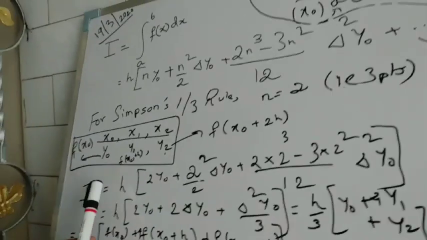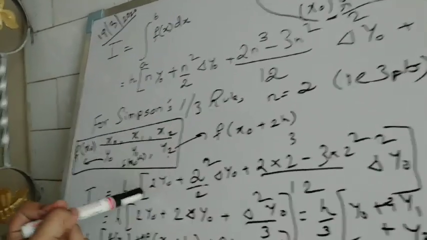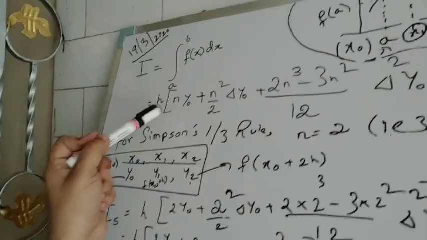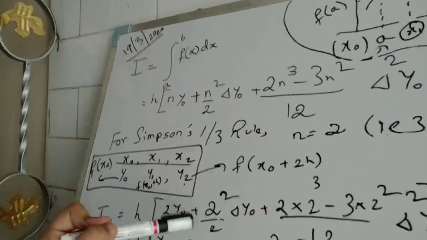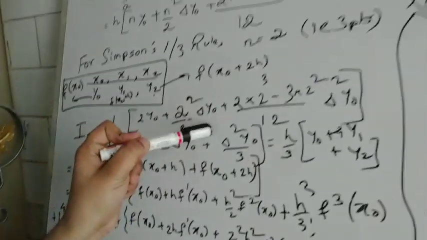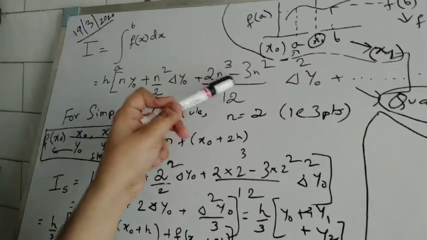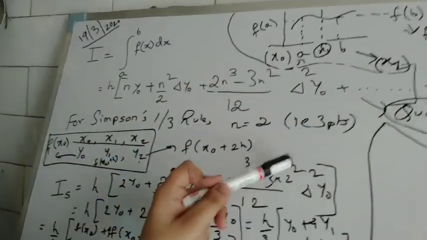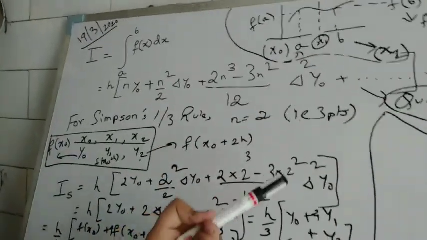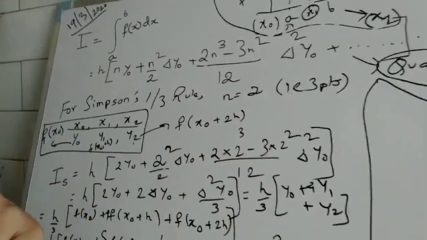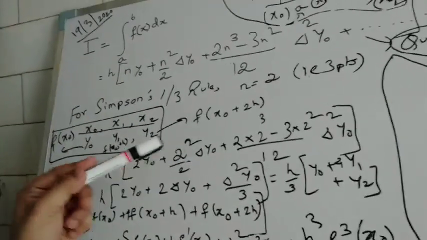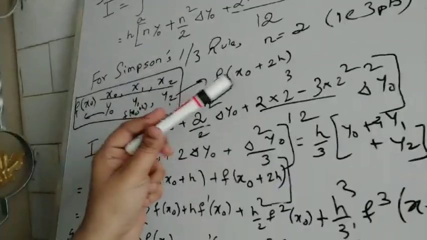If you put n equal to 2, this will be 2y0 plus 2 squared by 2 delta y0 plus 2 into 2 cubed minus 3 into 2 squared by 12 delta squared y0. Now simplify this.